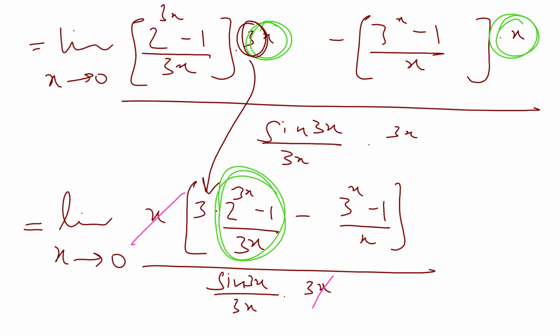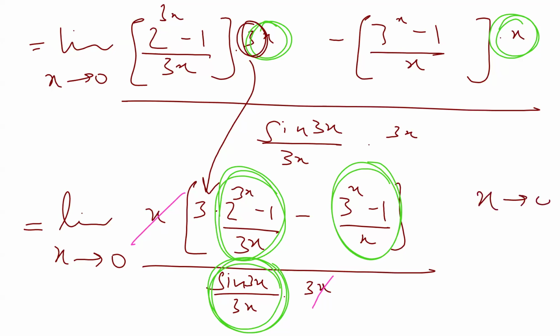Now this part and this part, formula will be applied, because x approaching 0, so 3x also approaches 0. Don't ask me again and again. Yesterday also many were asking, should we write this?